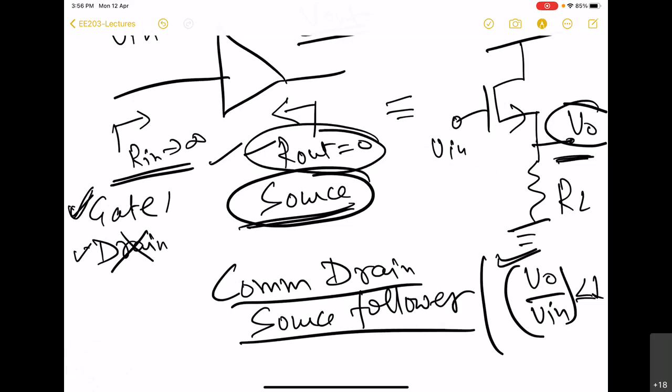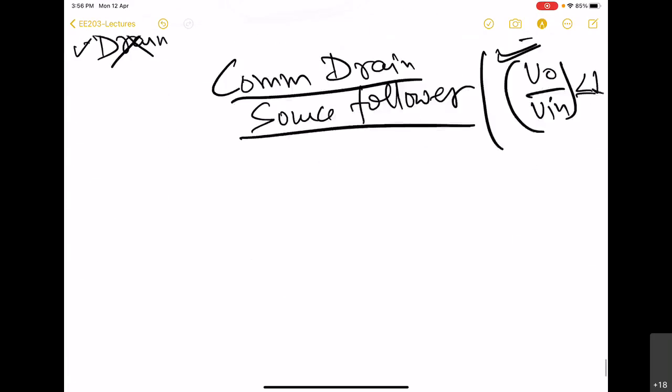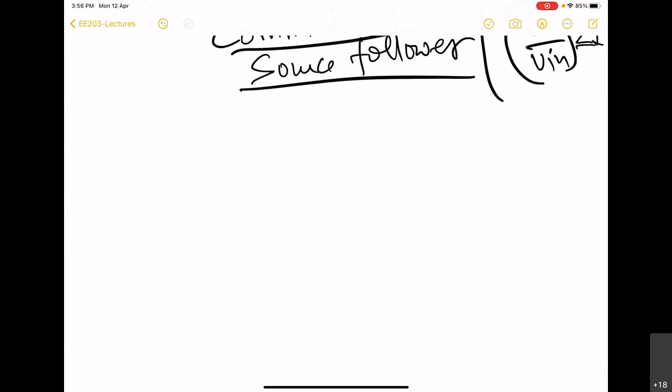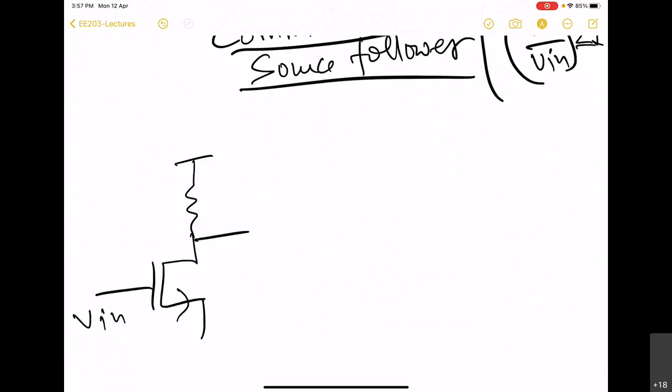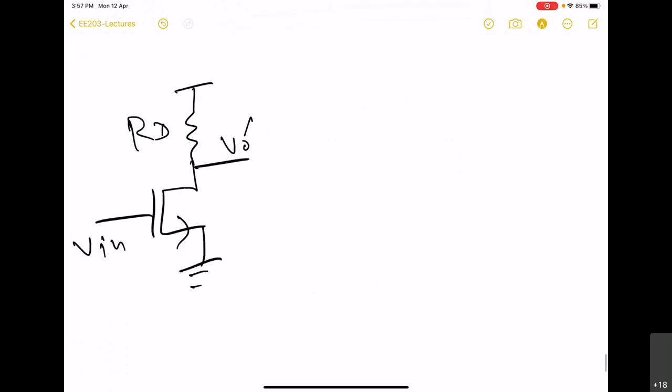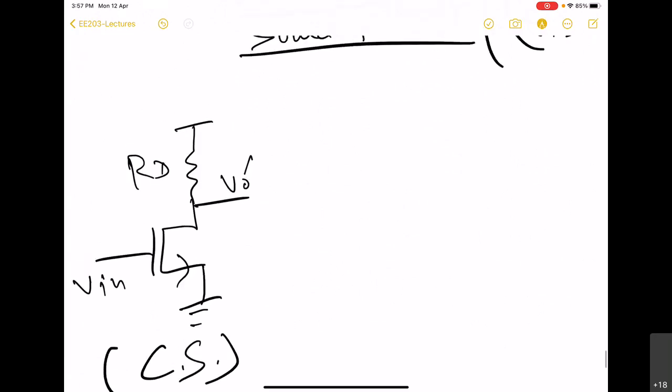But now what we can do, instead of feeding the input directly to this MOS, we can first feed the input voltage to the gate of another MOS, such that it gives rise to some intermediate voltage gain. That means first use a common source configuration to get the voltage gain, and then feed it to the source follower.